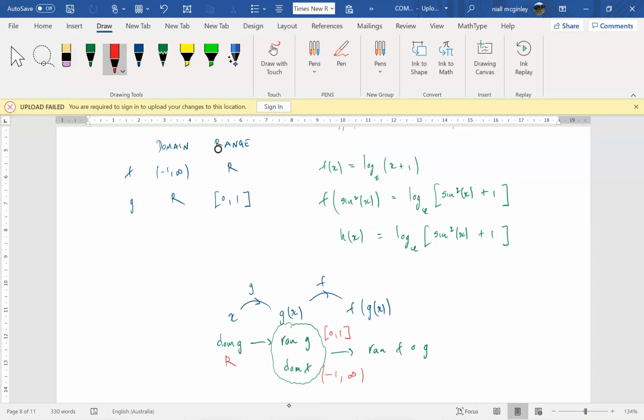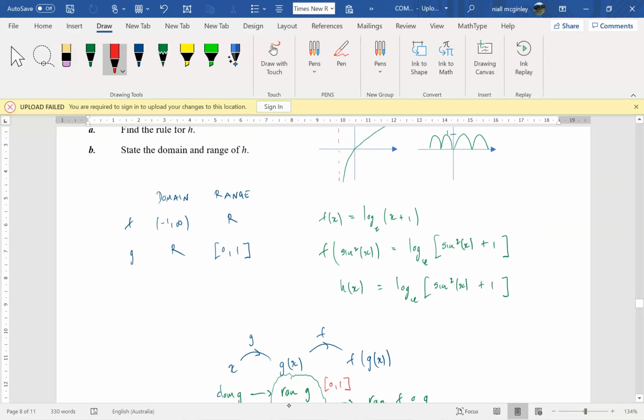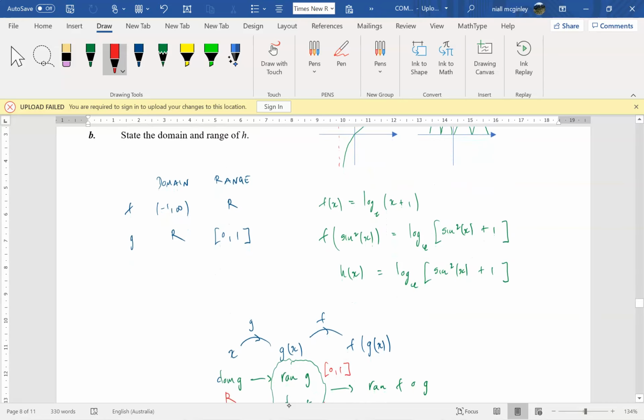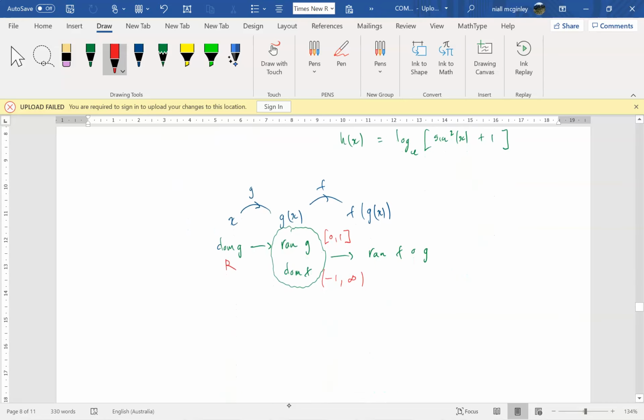We see there are no values in the range of g that are not going to work for the function f, so it's going to exist. That's all good. So the domain of h of x, because it does exist, is just the domain of the inside function, which is g of x, so that's going to be R.